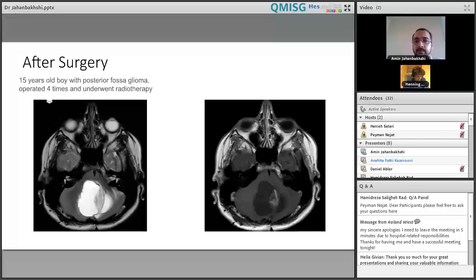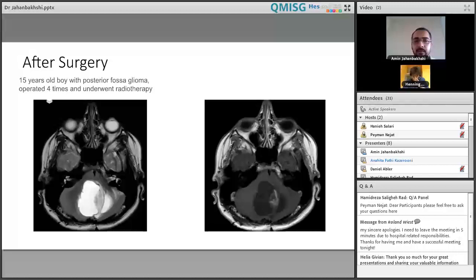So this is our problem: we can use MRS, but we can't trust MRS for decision making. At first we followed this patient for 3 months because imaging modalities like MRS and perfusion did not give a clear distinction between these 2 entities.